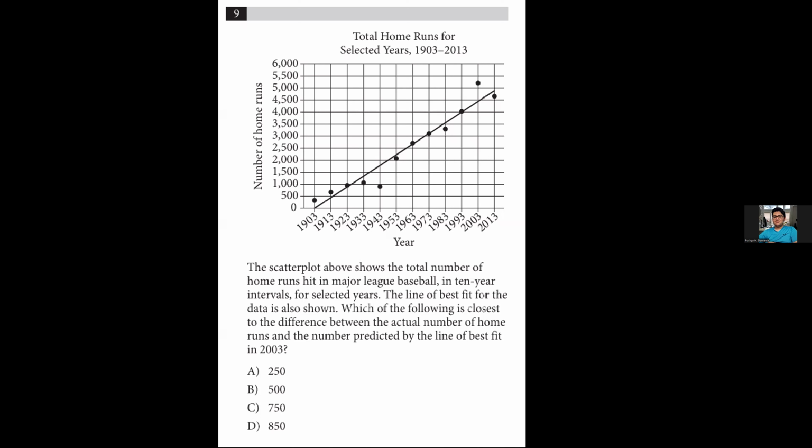Okay, so for question 9, what is the difference between the actual number and the predicted number in 2003? So 2003, what is the difference? Well, this line is at 4,500.